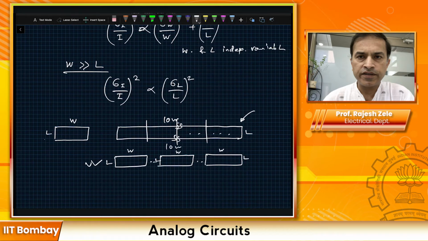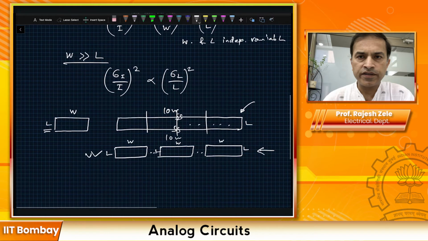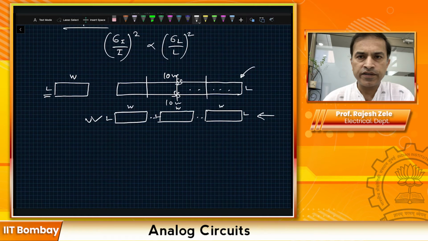However, if you take into effect the channel length variation, then my intuition tells me that having 10 units rather than one single unit with 10W is definitely better, because now, first of all, one of the important things when you do the layout is the following.